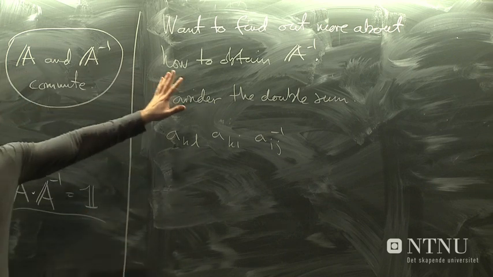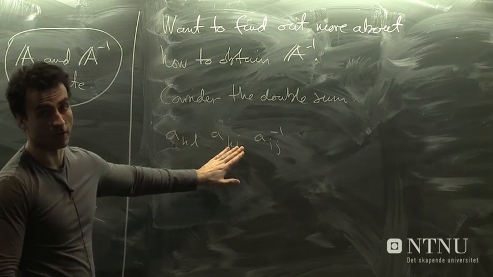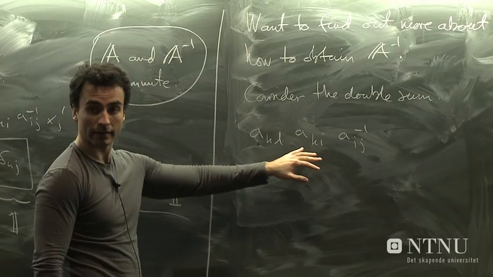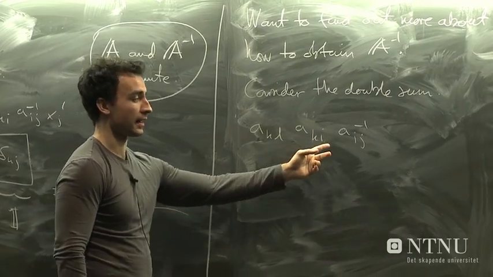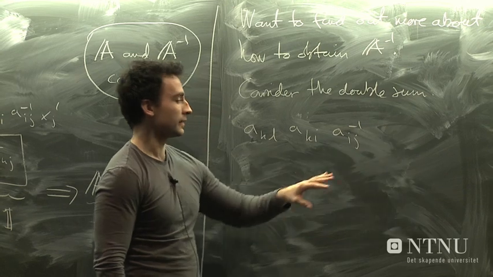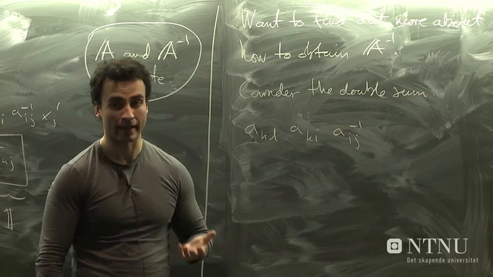So with this as the motivation, consider now this double sum. It's a double sum because we have repeated indices k and also repeated indices i. So this should be equal to something that depends on the indices j and l.